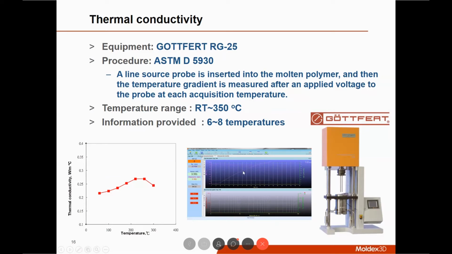With the temperature range from room temperature to 350 degrees Celsius, we'll be able to measure and obtain the thermal conductivity of the material. And with this temperature range, we can handle basically all of the thermoset materials.